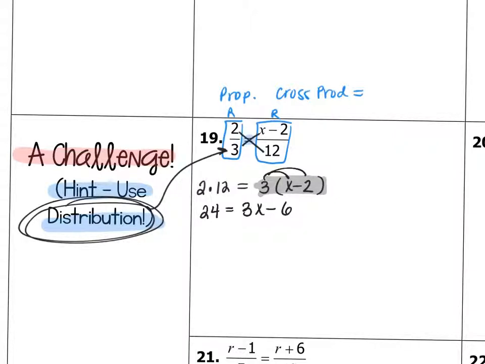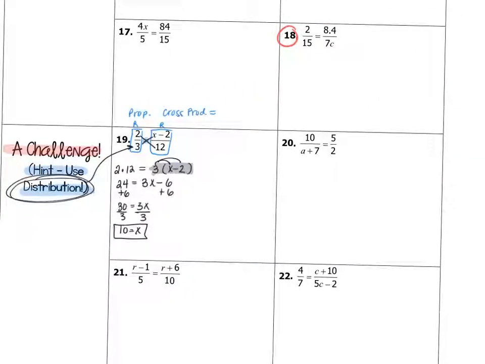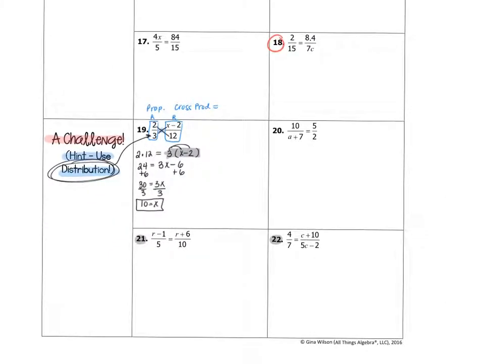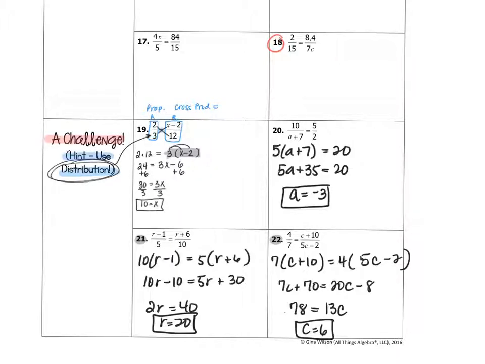Distribute, then add 6 to both sides, and then divide by 3 to get that x is 10. For some of these, you will have to use the distributive property twice, like number 22 and number 21. So pause the video now and try those problems.